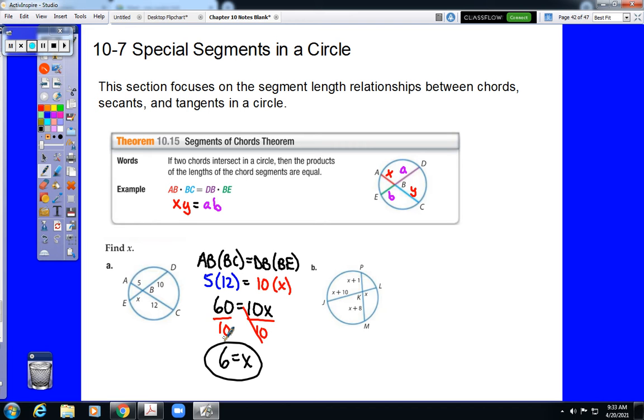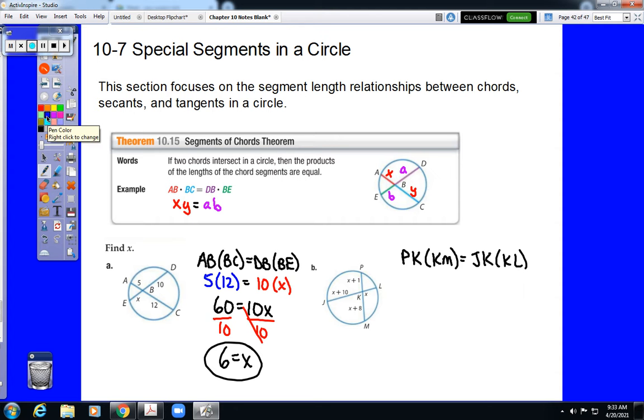Now, what most math books do is they raise the level of rigor by increasing the difficulty of the lengths of those pieces. So in example B, we would have PK times KM equals JK times KL. Again, those are the pieces of the chords. We multiply those pieces together, and that gives us an equation.